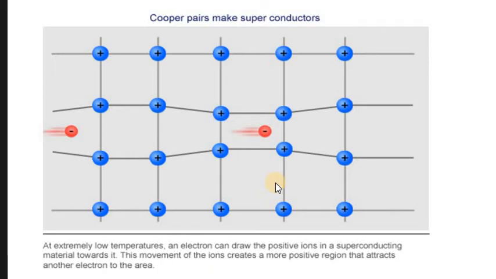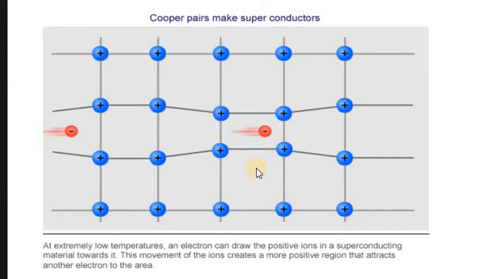Let's see what this Cooper pair is. In this figure you can see a positive lattice, and the red circles are the electrons. As you know, electrons never attract each other because the same charge always repels. Then how is a Cooper pair formed? At extremely low temperature, if an electron reaches near a positive ion lattice, the lattice may distort due to opposite charge attraction.